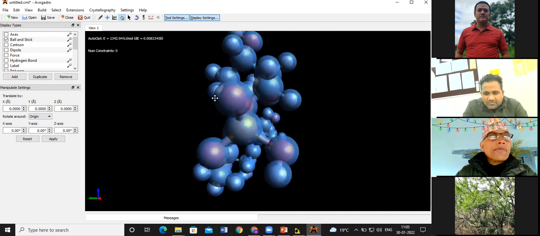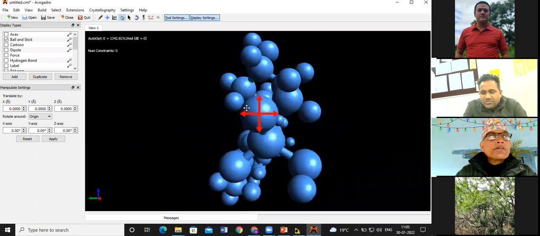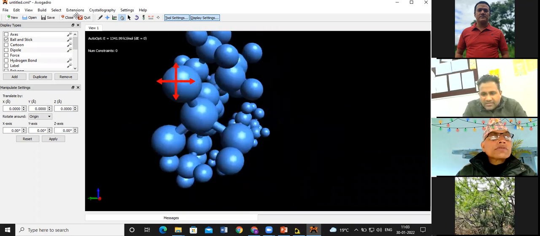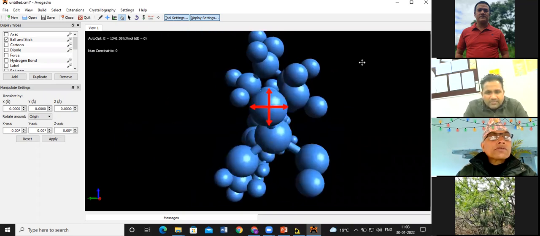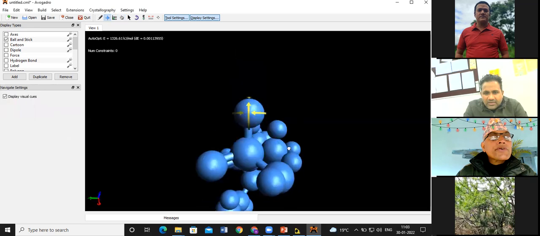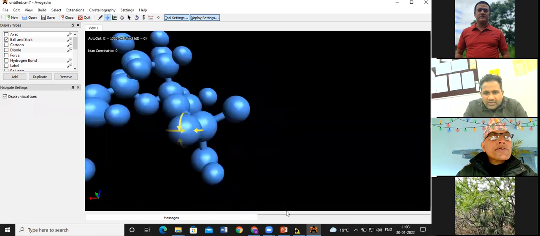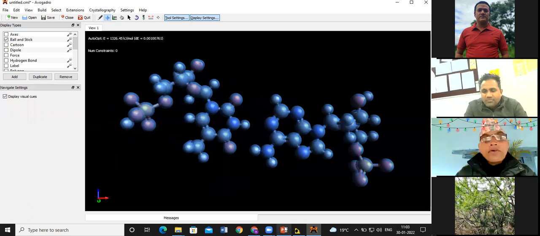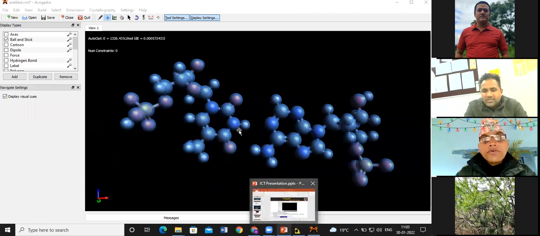You can rotate it. Since this is the molecule, by looking at this one, you can see it here, which is the oxygen and so on. Where is the oxygen and all these things?